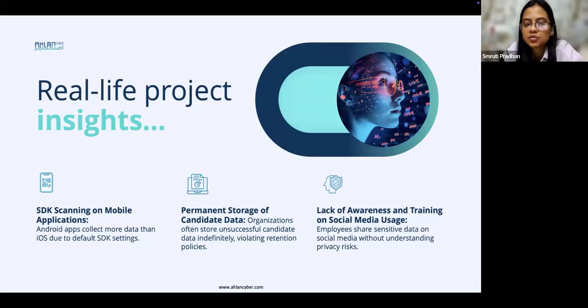So the first case study which you see here is that, unlike cookies, which are a tracking technology in websites, for mobile applications, it's an SDK, which is a software development kit. We have scanned it for our customers, and we got to know that applications which are built on Android versus applications which are built on iOS operating software, Android applications have much more access to personal data of the users than the applications built on iOS.